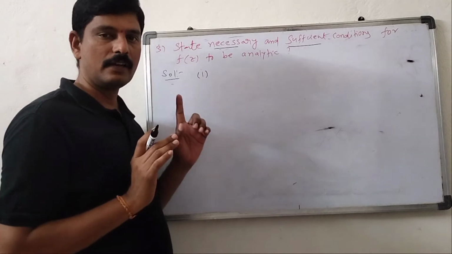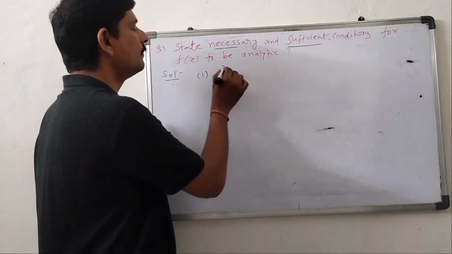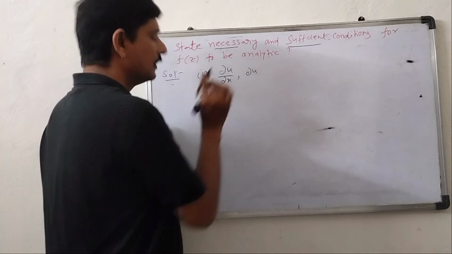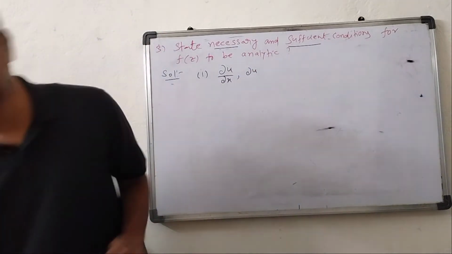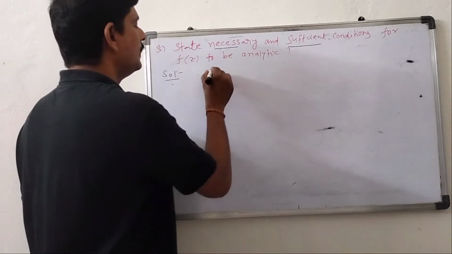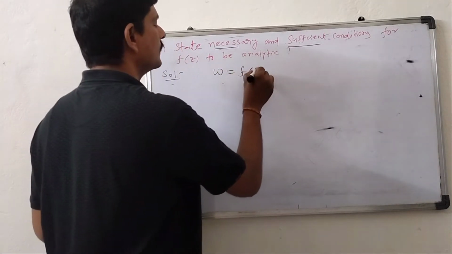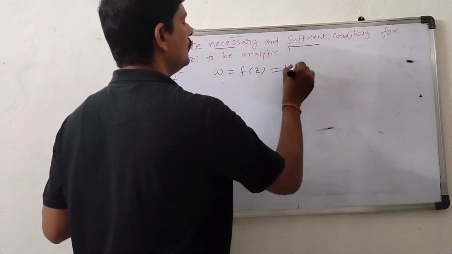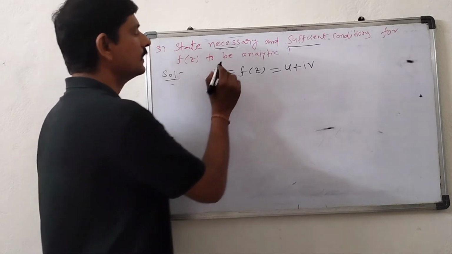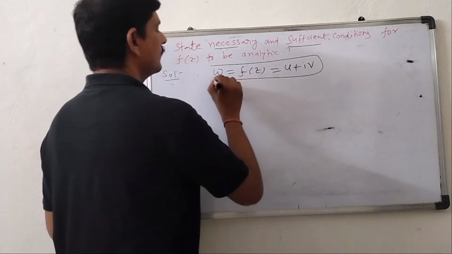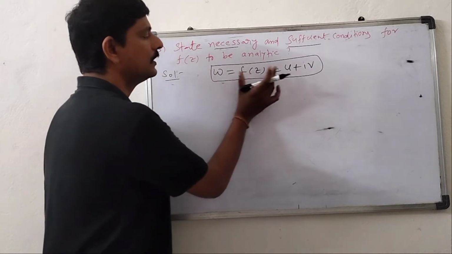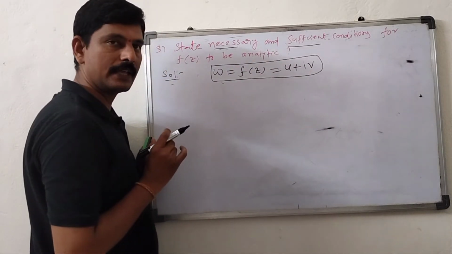There are two conditions, a necessary condition and a sufficient condition. You have to remember that we always take our complex variable function w in the form w equal to f of z, that is u plus iv.